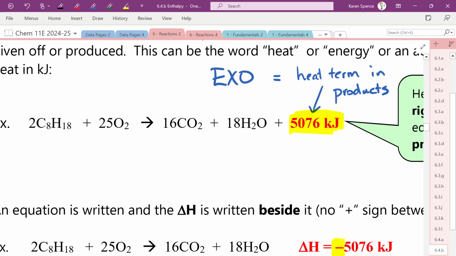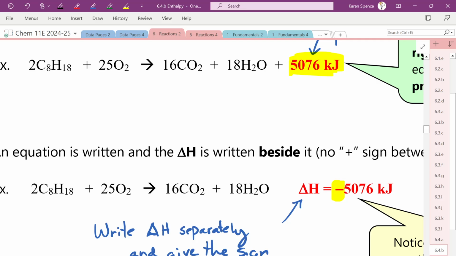We're also giving off 16 carbon dioxides. We don't write negative 16 carbon dioxides. Like we don't put our products as negative. By having them in the products, that means it's produced. Delta H, though, you have to show a sign. So we're starting high, we're finishing low.